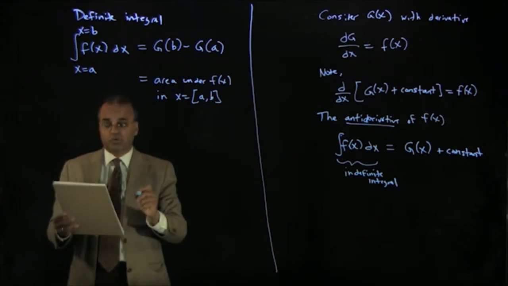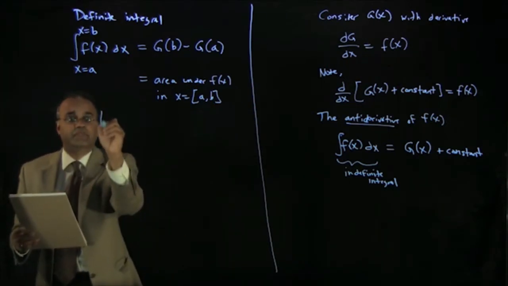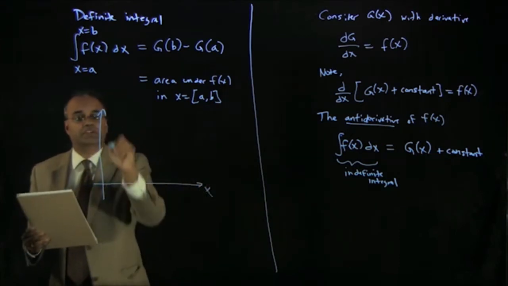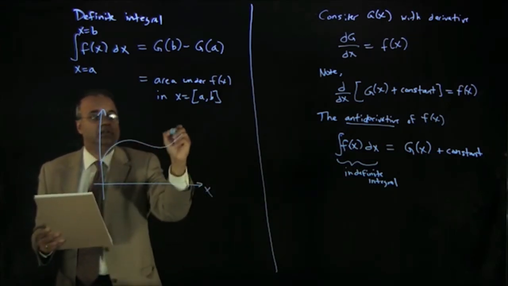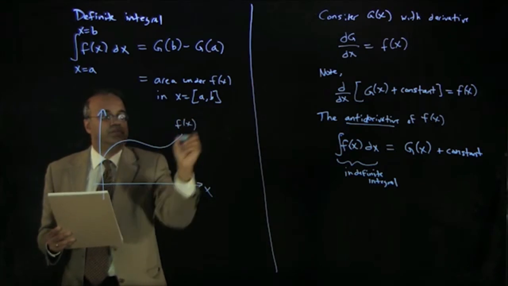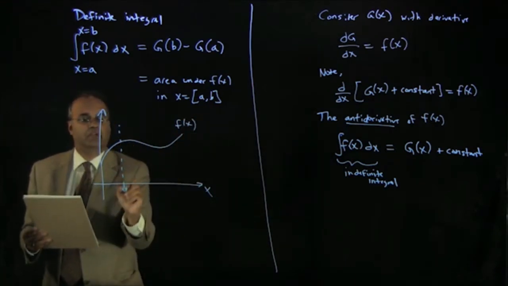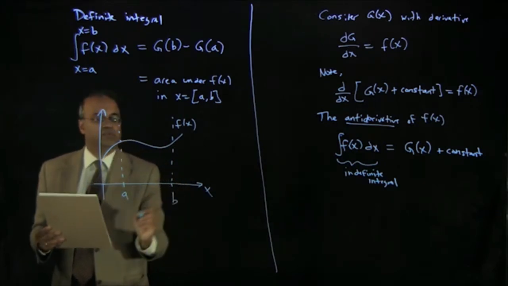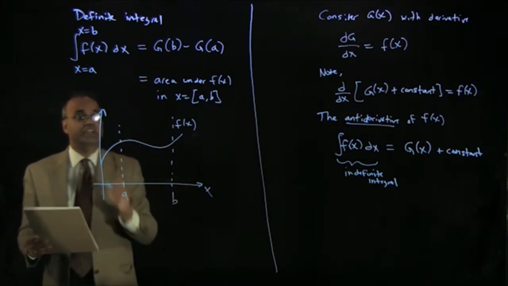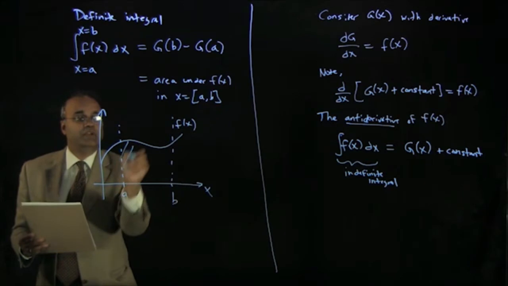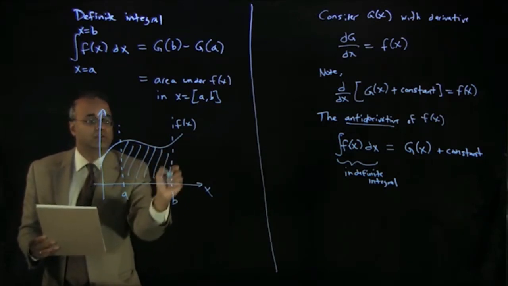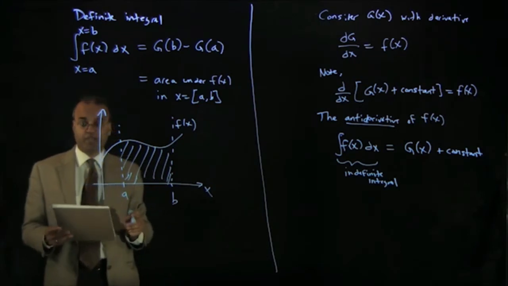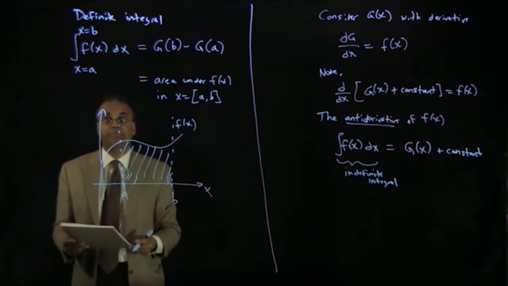Okay? And so just to see this graphically, if I plot my function f of x, and suppose this is x equals a and this is x equals b, this definite integral represents the area under the curve f of x in the interval from x equals a to x equals b.